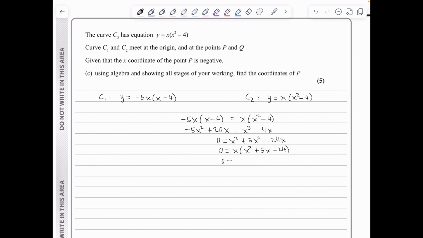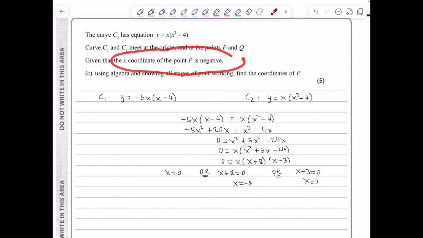So we've got 0 is x, brackets x plus 8, brackets x minus 3. So this means that x is 0, or x plus 8 is equal to 0, or x minus 3 is equal to 0. So we've got x is 0, x is negative 8, and x is 3. Well, we have been told that the x-coordinate of P is negative, which means that the x-coordinate of P is negative 8.